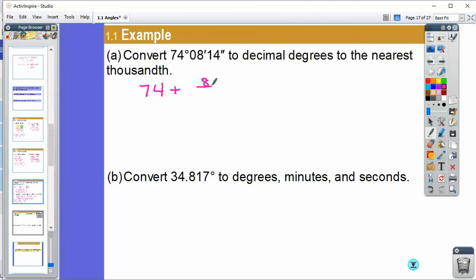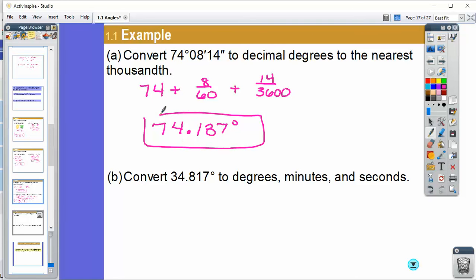We did 8 out of 60. 14 divided by 3,600. And nearest thousandth, 3 decimal places, so you get 74.137 degrees. Second one, we know it's 34 degrees.